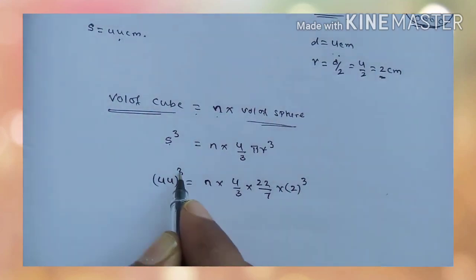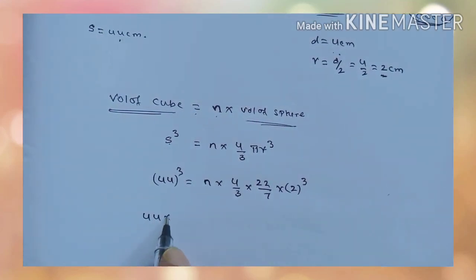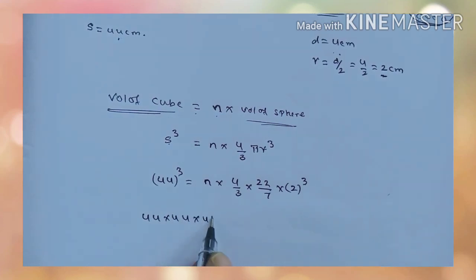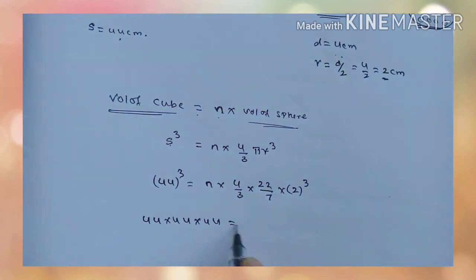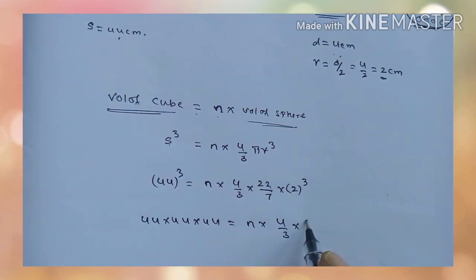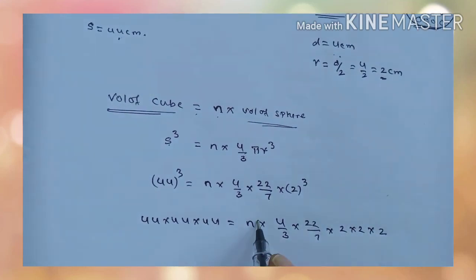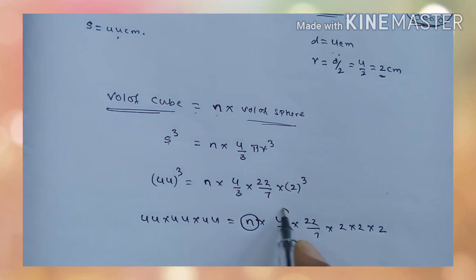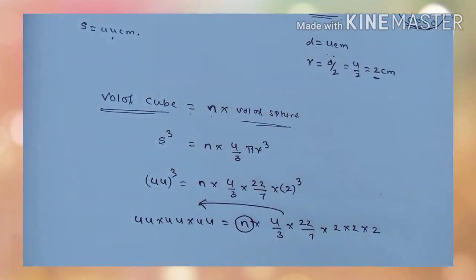Now expand that, don't multiply. 44 into 44 into 44 is equal to n into 4 by 3 into 22 by 7 into 2 into 2 into 2. Now we need the value of n, so transpose all the terms to the opposite side.